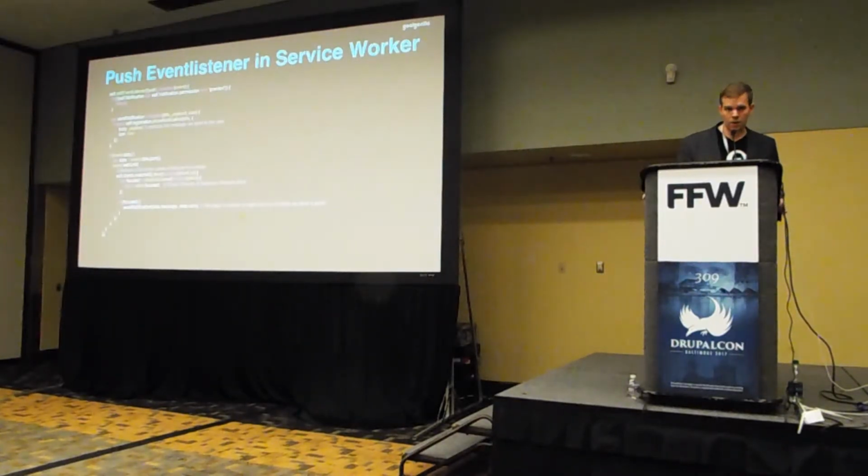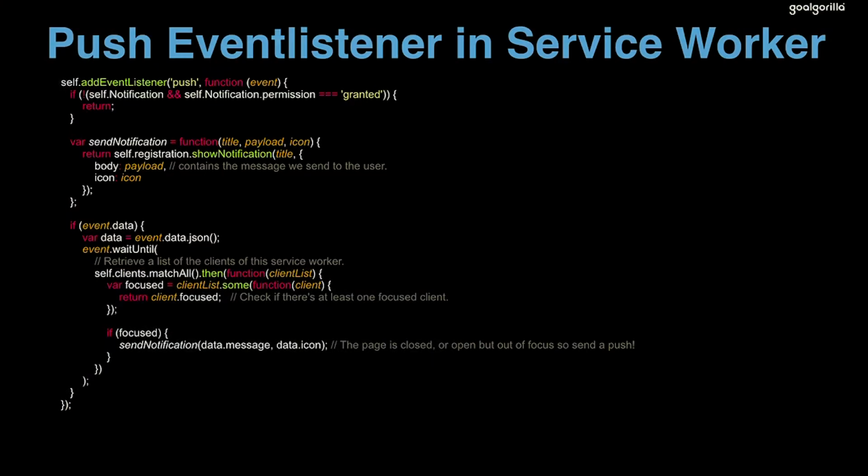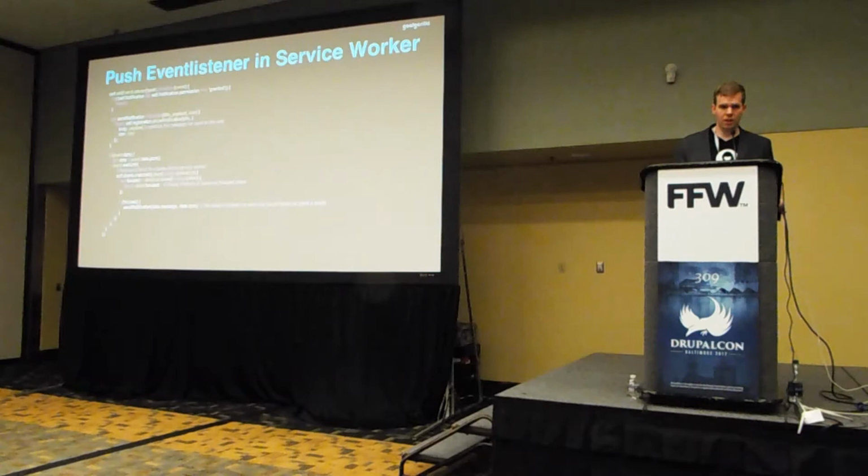In this case with a payload, which is usually just a message and an icon. It's the icon in front of the notification. And that's actually all there is to it. The bottom part is just getting the data out of the response. So you don't really have to be a JavaScript guru to make sure that push notifications work. This is actually all there is to it.